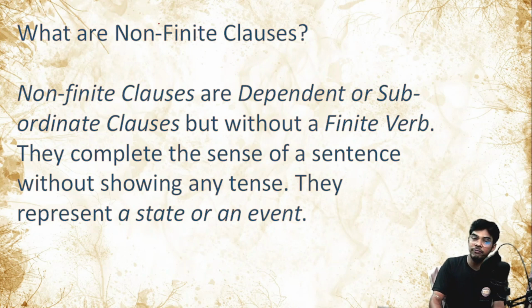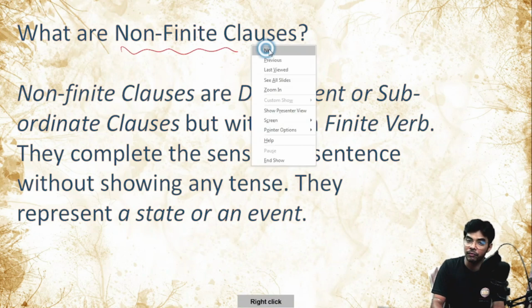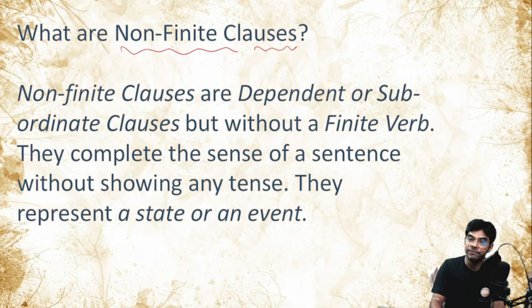So for non-finite clauses, we get some very essential points. First, they are subordinate or dependent clauses. Second point, without a finite verb. Third point, they complete the sense of a sentence.